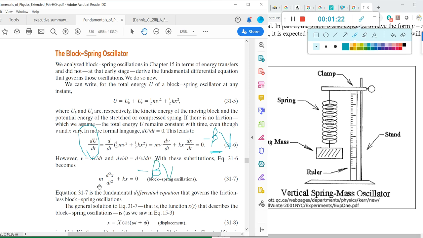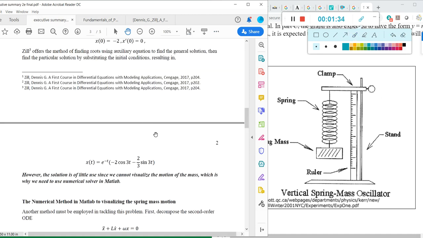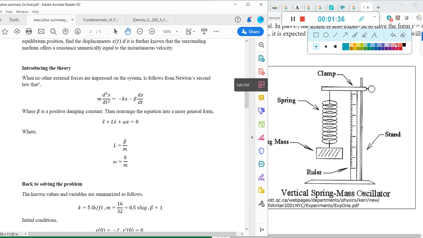So in this case, we get an equation like this. And then we rearrange the equation.